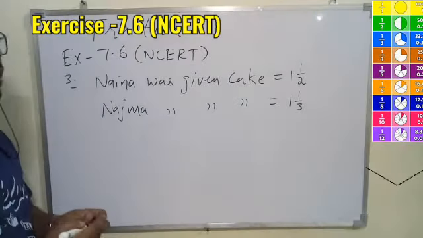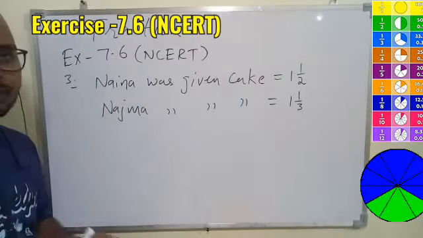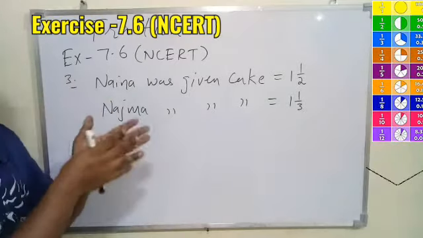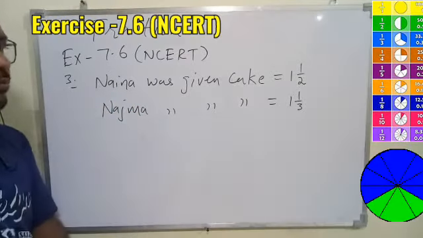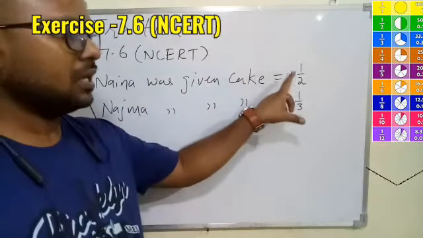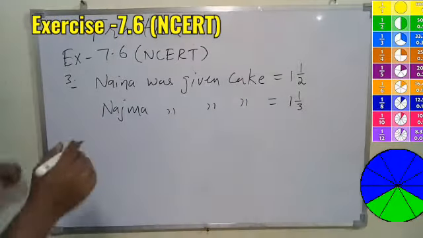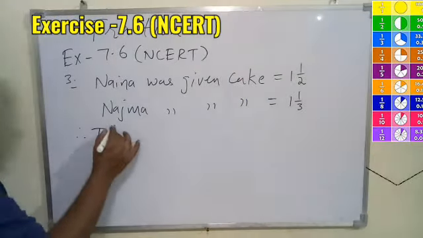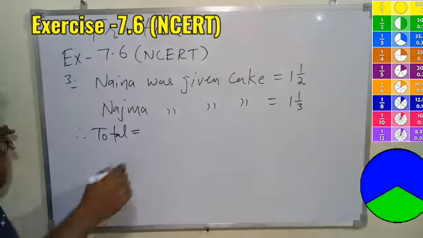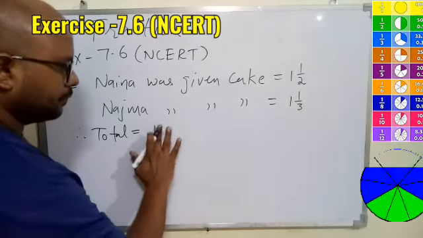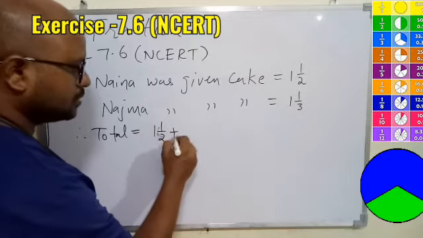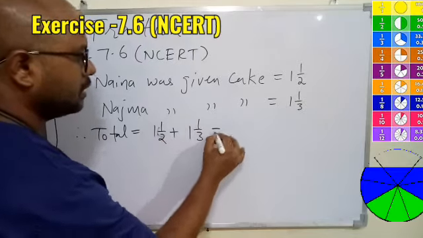So overall, together how much did they get? That is, what fraction of the cake was given to both together. So nothing, we need to just find the sum of both the numbers. So therefore total cake will be how much? 1 1/2 plus 1 1/3.